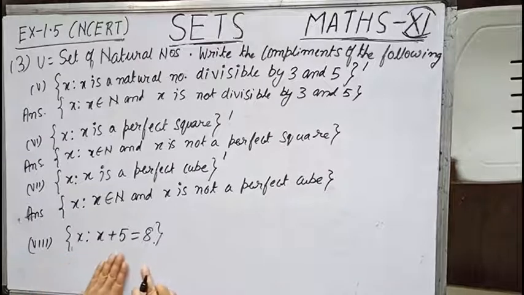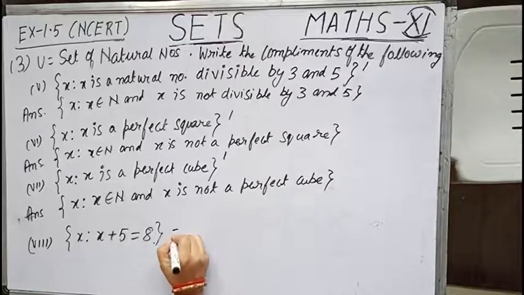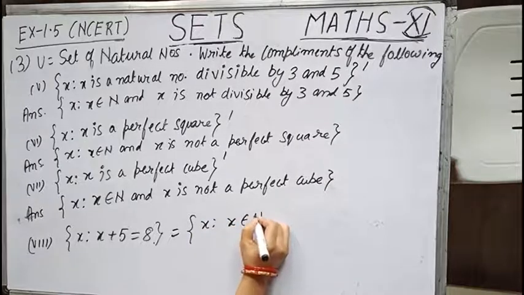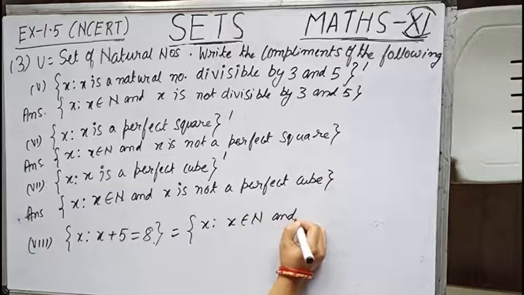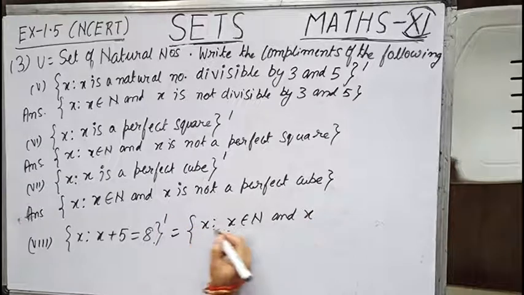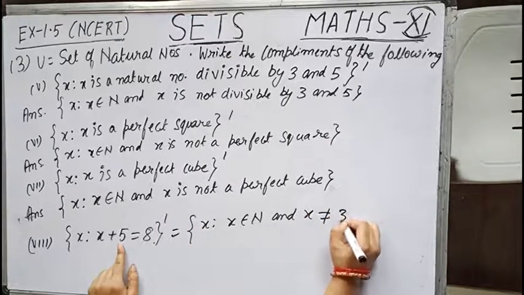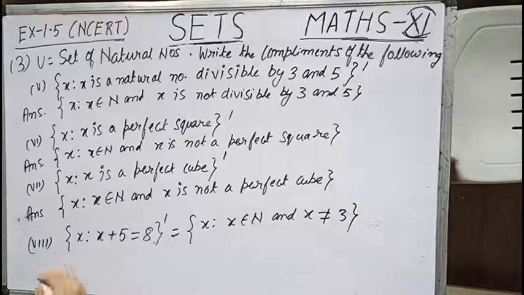Over here x such that x plus 5 equals 8 will be x such that x belongs to capital N, and complement of this is x not equal to 8 minus 5, which is 3. Next, subpart number 9.